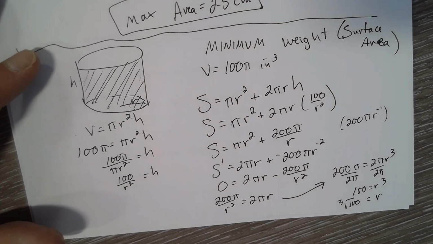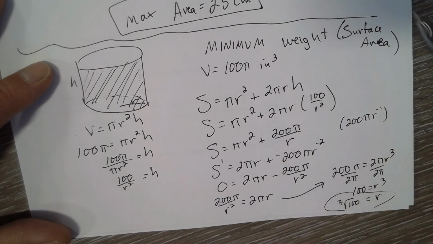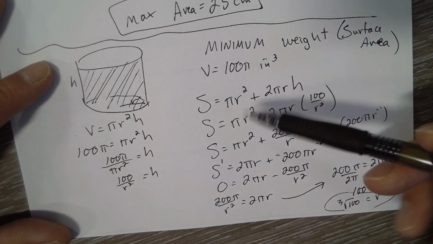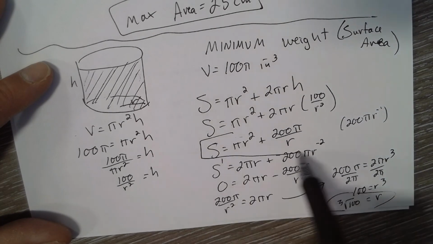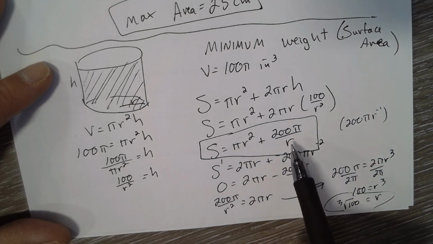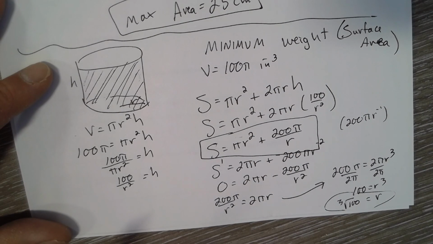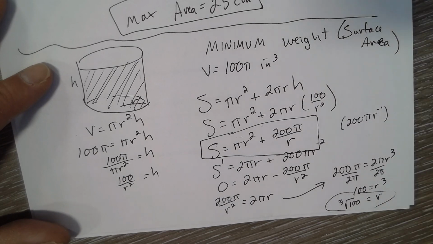Alright, so there's our r. What is the minimum weight? So the minimum surface area, here's our surface area equation right here. So I can plug the cube root of 100 in for r here and r here, and we get our answer. And surface area would be in inches squared, whatever you get when you plug that in.